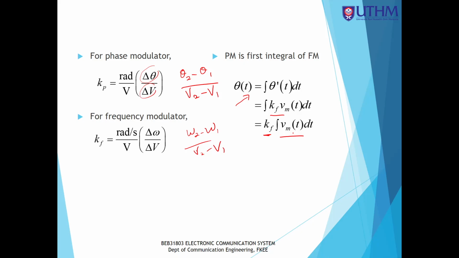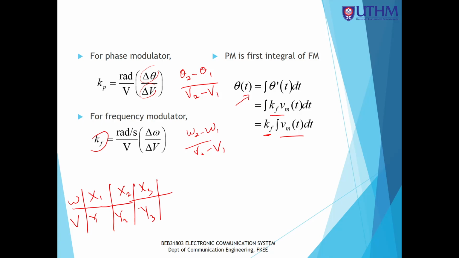About the deviation sensitivity parameters, we asked this in the previous final exam. We asked to find this parameter, I'm not sure whether Kp or Kf. For example, find the Kf. The question gave a table of omega and voltage readings, so we get a few values, for example x1, x2, x3 and y1, y2, y3.